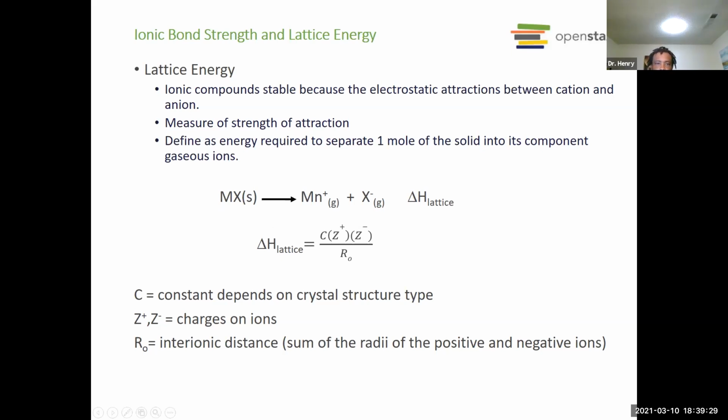So let's say we're doing magnesium oxide. Again, we're going to leave C as C, because C is just a constant, whatever it is for that structure. So what is the charge on magnesium? Anyone?